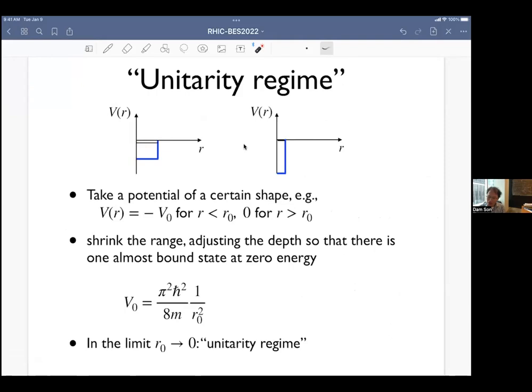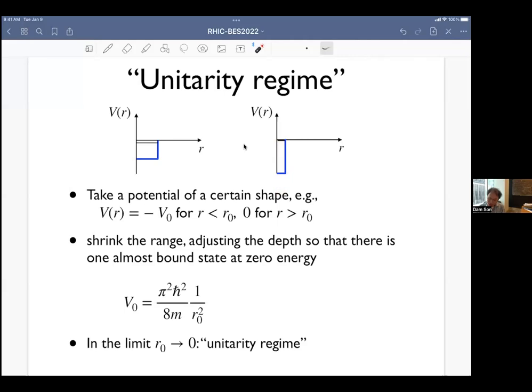And then we can imagine shrinking the size of the potential to 0, but keeping the depth such that there is always 1 bound state at 0 energy. That requires the potential to become deeper and deeper when we shrink its size to 0. So that is the relationship between the width of the square well potential and the depth, so that we have a bound state with 0 energy.